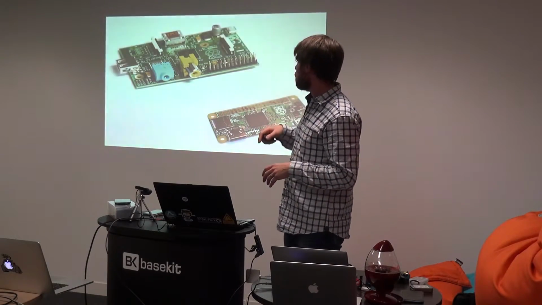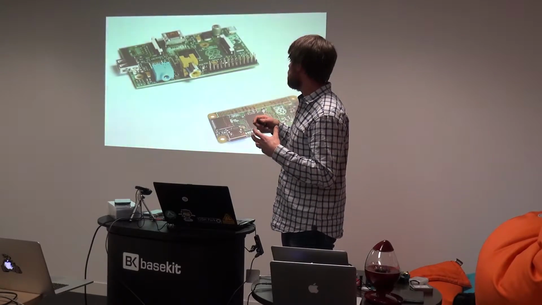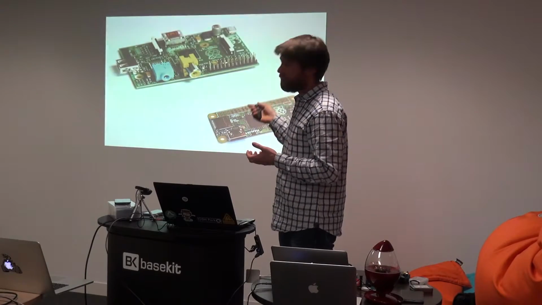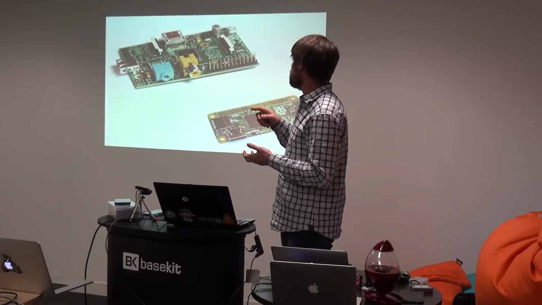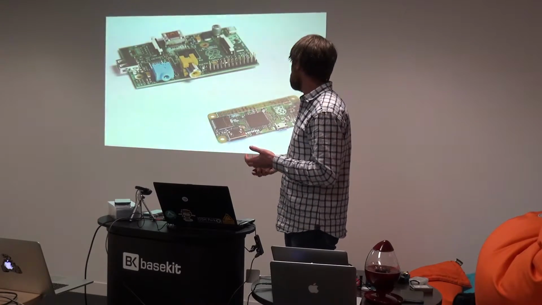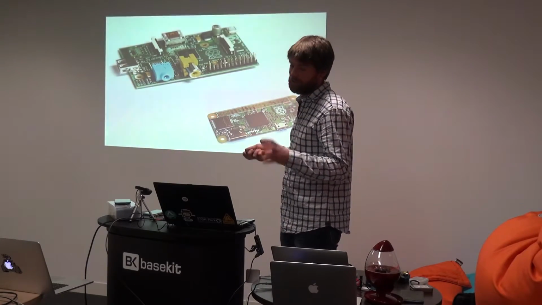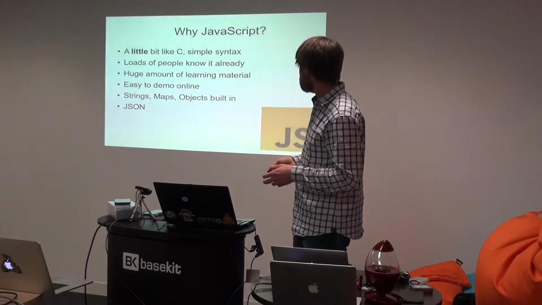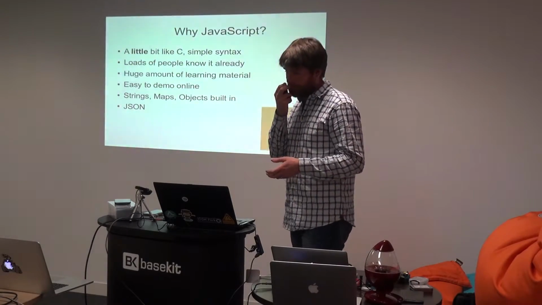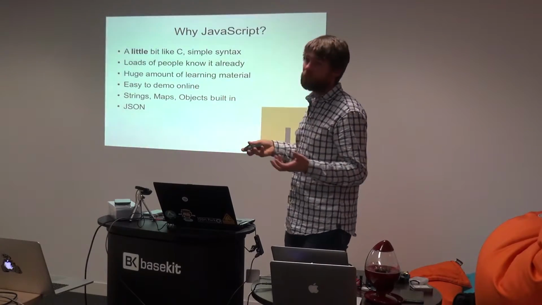But something like the one at the top, if you imagine the B version of that with Ethernet, with the display controller, with the keyboard plugged in, you could easily be looking at as much as 400 milliamps. So this brings us to: why would you actually want to use JavaScript in this?